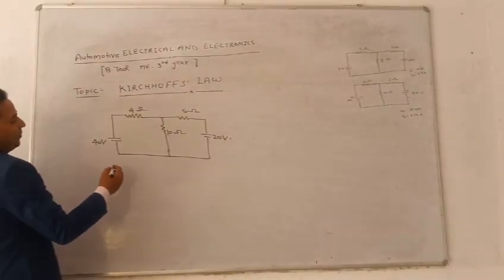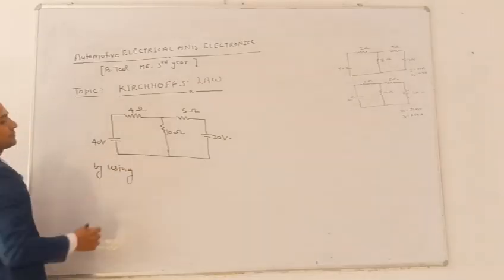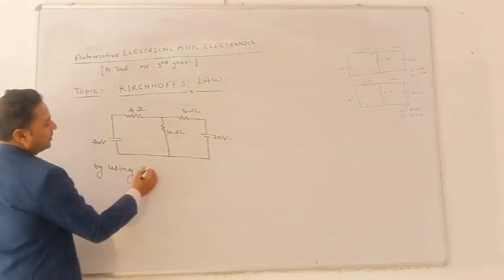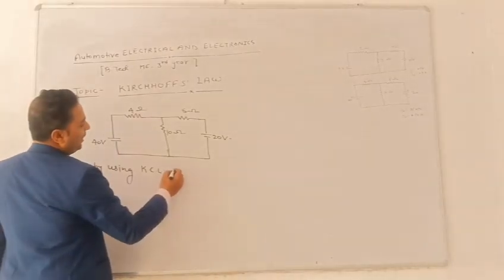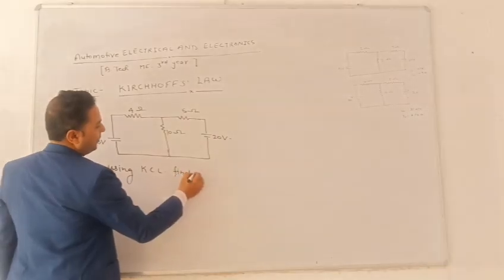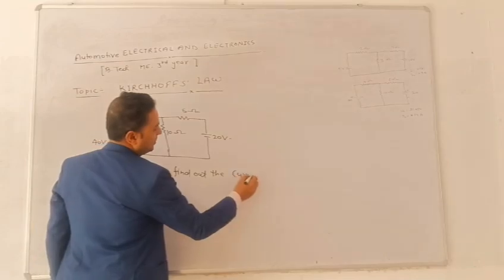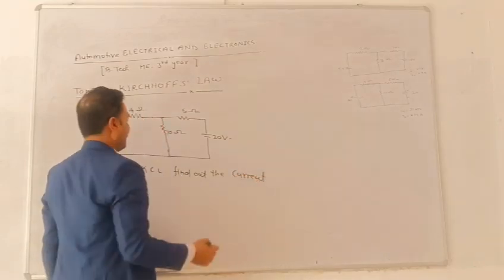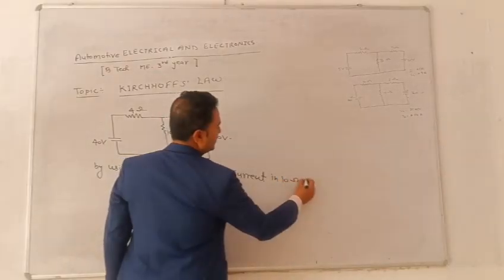So by using KCL, find out the current in the 10 ohm resistance.